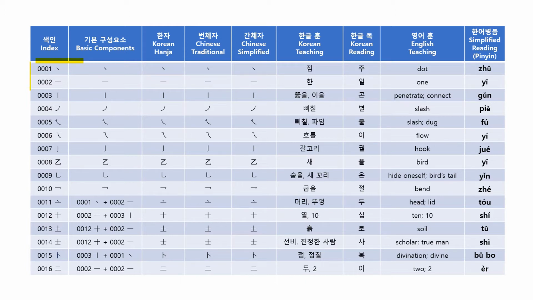In this numbering order, we will learn each character one by one, so you can learn Korean Hanja and Chinese traditional and Chinese simplified at the same time with its pronunciation, standard Chinese pronunciation, the simplified character reading method with pinyin and tone numbers.